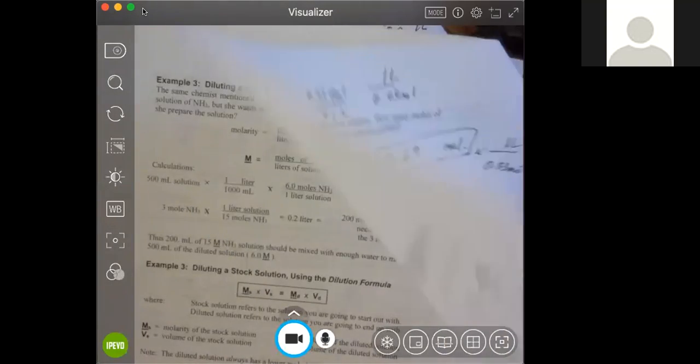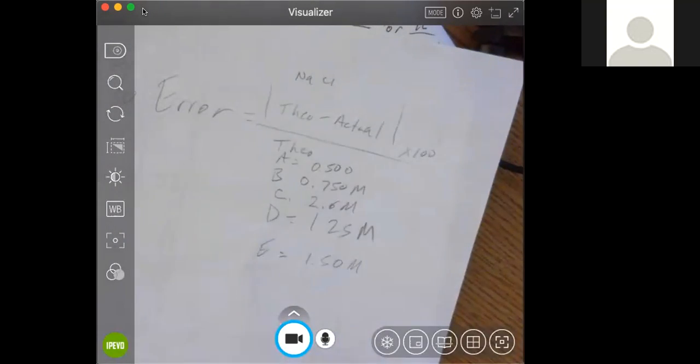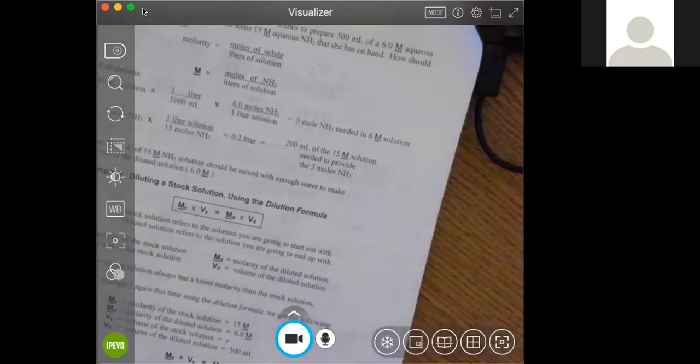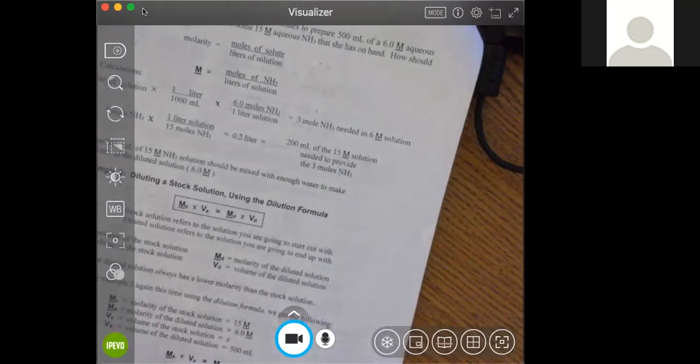So today's problems we're working on are dilutions. So you need to know the notes from page 6.